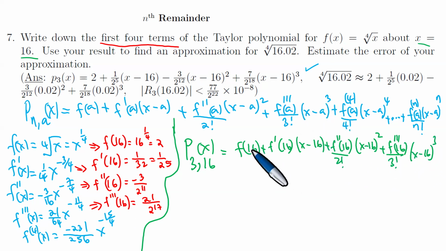Then you're going to stop there because these are 1, 2, 3, 4 terms. And you need the first 4 terms.